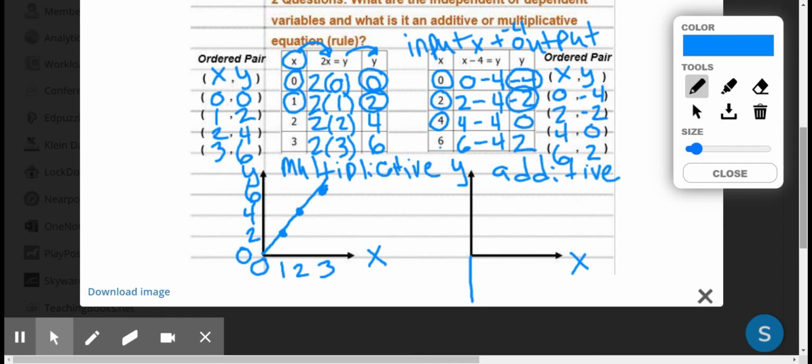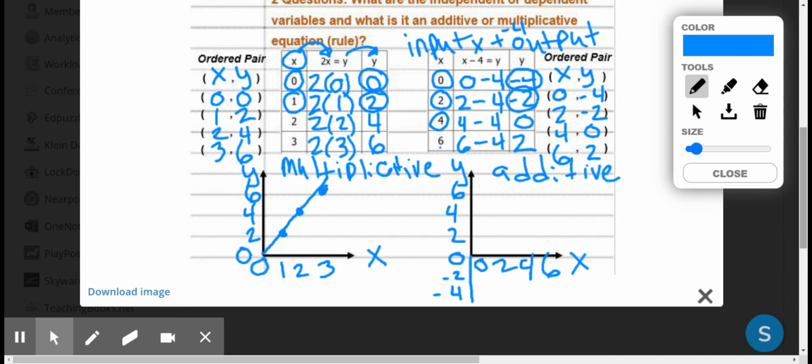So let's start with x values. We got 0, 2, 4, 6. So we got 0, 2, 4, 6. And then we have -2, -4. So we're actually going to start down here. So we're at 0, -2, -4, and then 2, 4, 6.